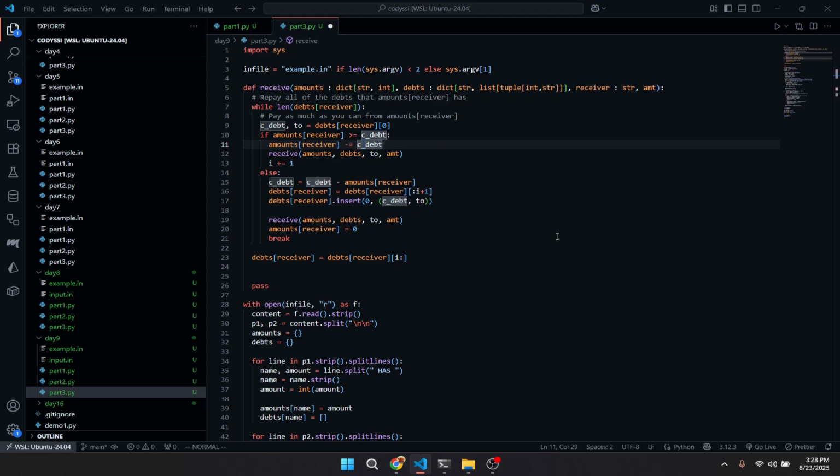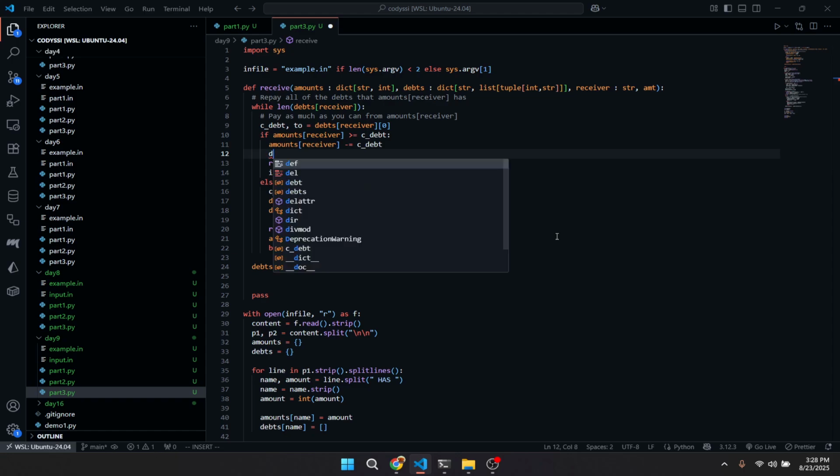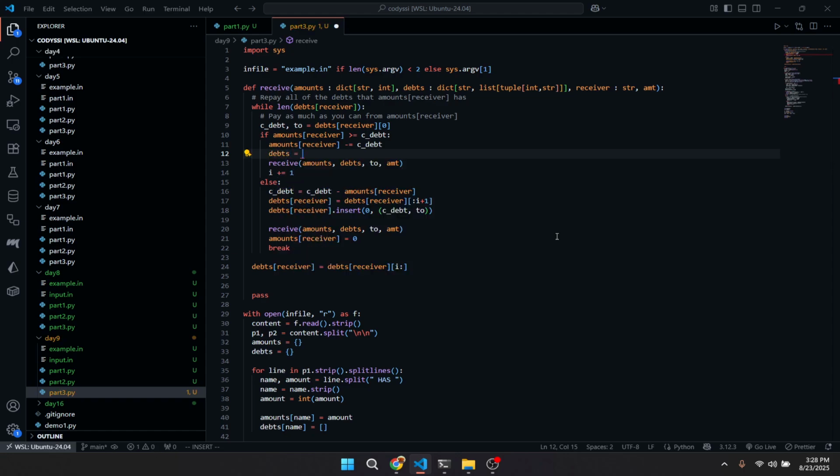So if you can pay the whole amount, go ahead, pay the whole amount, but also mutate debts. So debts becomes debts like that. So you mutate everything and then you receive amounts debts to an AMT, right?